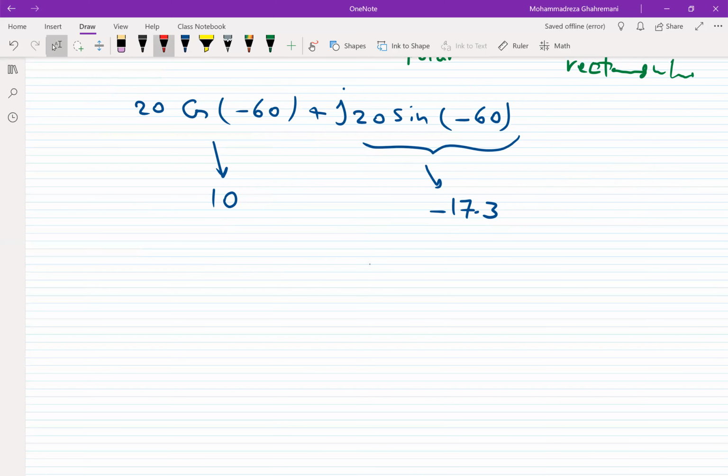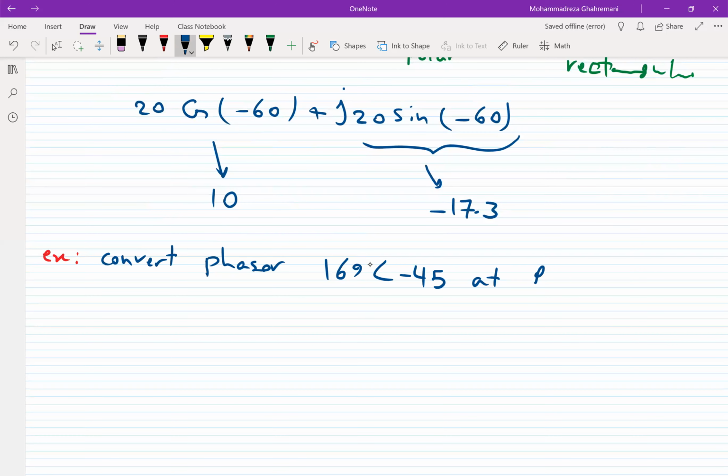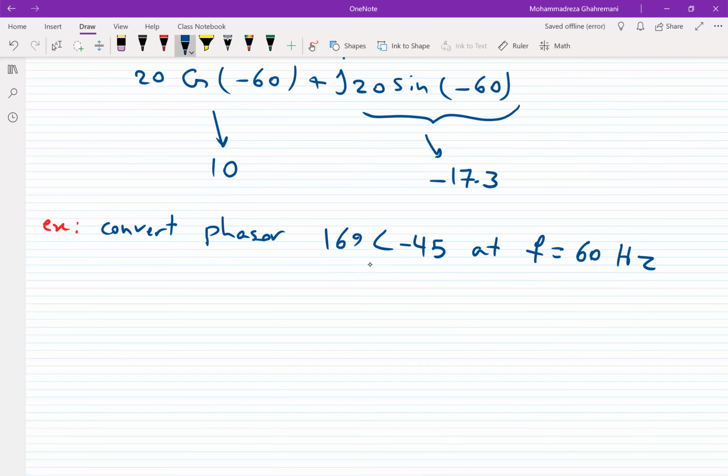Next example. Convert phasor 169 with the angle of negative 45 at frequency of 60 hertz to sinusoid.